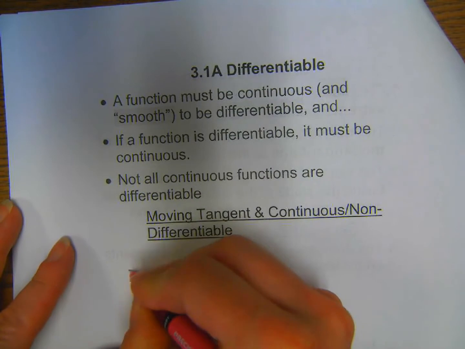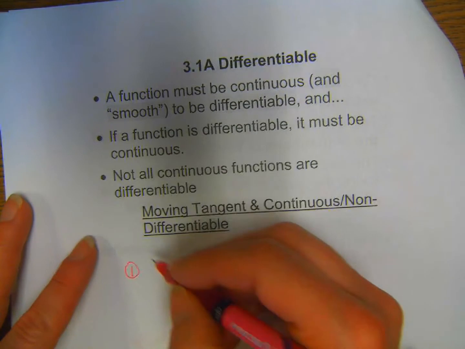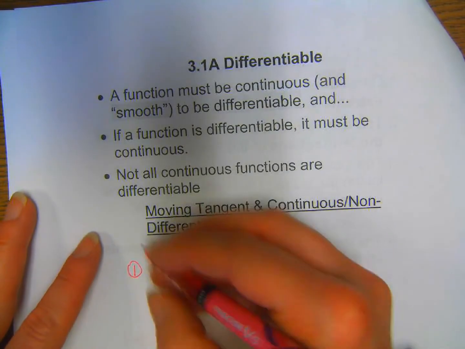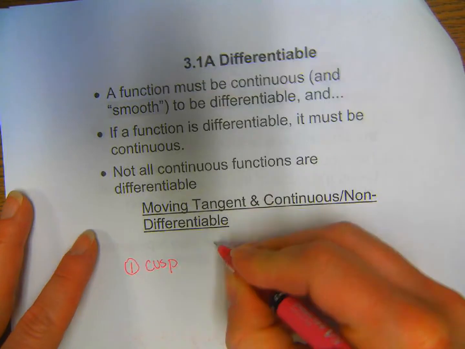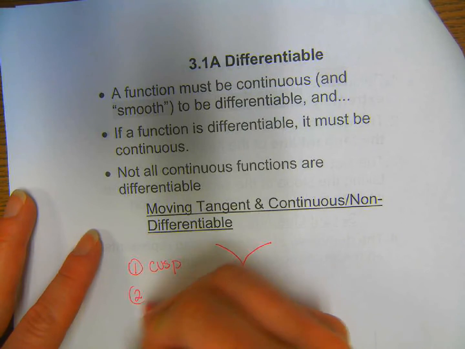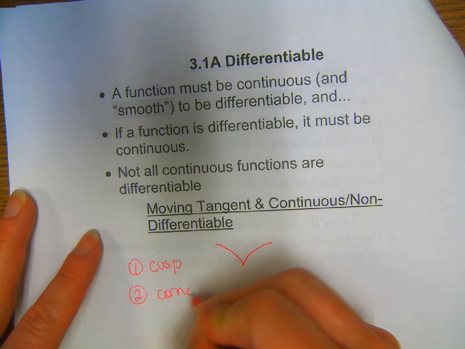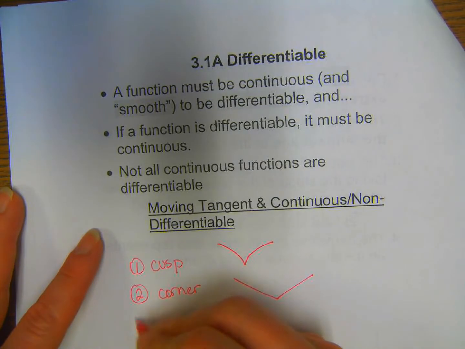So the times when it's not differentiable, meaning you can't find the slope of the tangent line, would be a cusp. Okay, I'll show you what a cusp looks like: two square root curves. A corner, a vertical tangent.